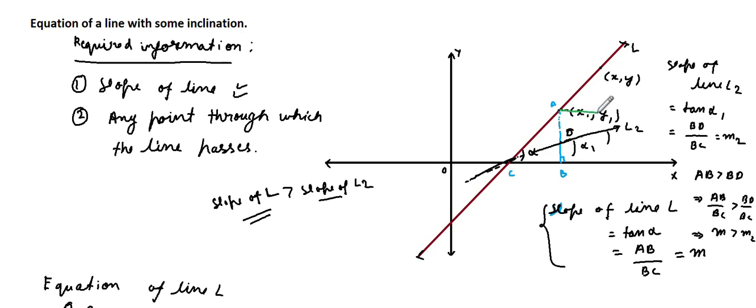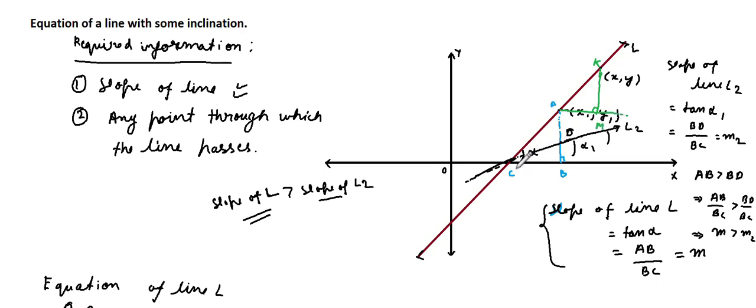I'm using green. I can draw a line through A parallel to the x-axis, and then a line parallel to the y-axis passing through this point, let it be called K. The point of intersection of these two perpendicular lines be M.